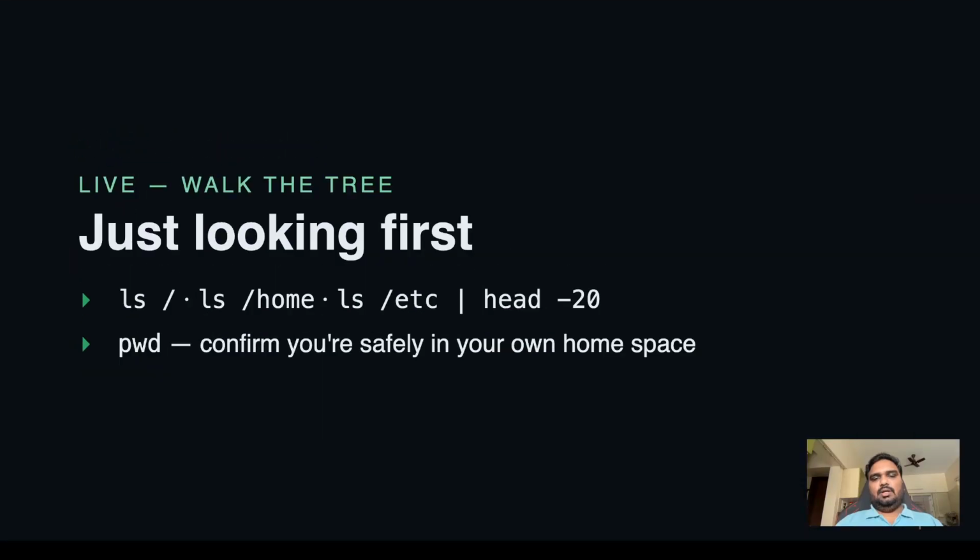As we already demonstrated with ls /home and ls /etc, and for the purpose of completing all the contents from this slide, let's look at our present working directory, and you can see that we are residing inside the home at /home/abhijit.